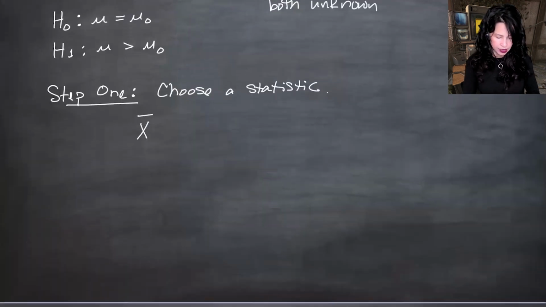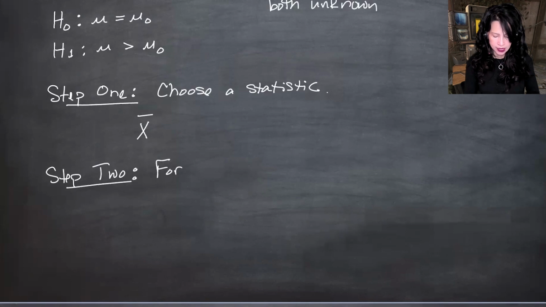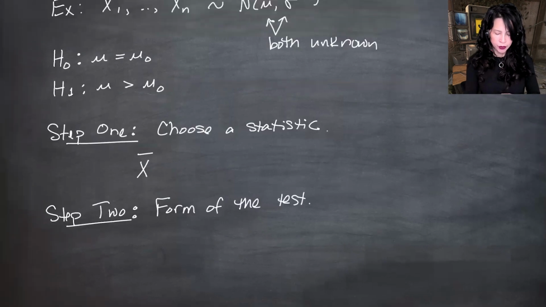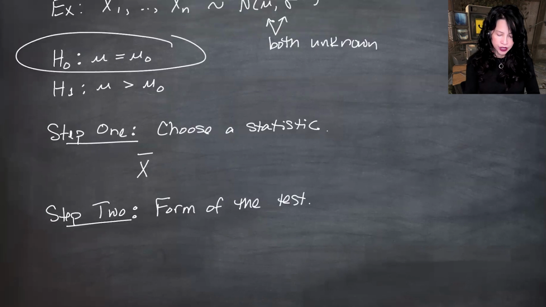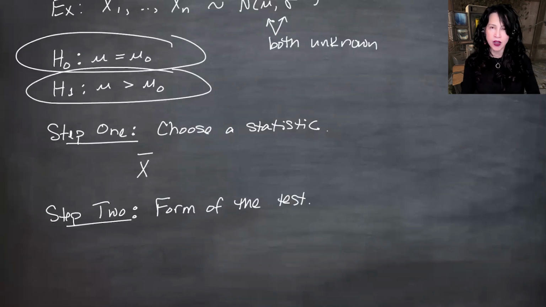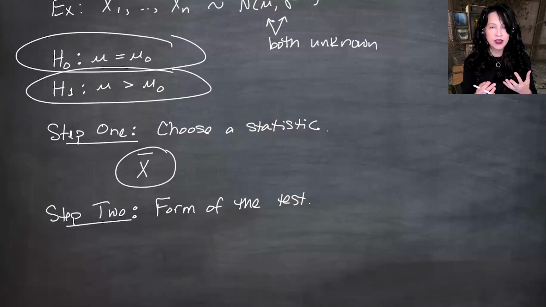Okay, so step two is going to be to write down the form of the test. So remember, we're assuming that mu equals mu naught, and we're looking for evidence that mu is greater than mu naught. And how would that be reflected in our statistic X bar? If the true mean is really above mu naught, and the mu naught is not that important, if it's larger than mu naught, but the key word is larger, then we want to reject the null hypothesis and go with the alternative.